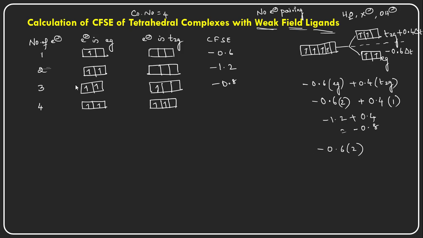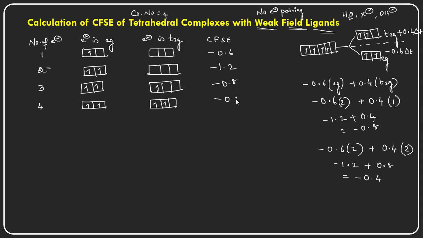So minus 0.6 into 2 electrons present in the Eg orbitals and 0.4 into how many electrons are there in the T2G orbitals? 2 electrons here also. So this will give the minus 1.2 value plus 0.4 into 2 will be the plus 0.8. So what will be the difference? It is equal to minus 0.4 value, right?